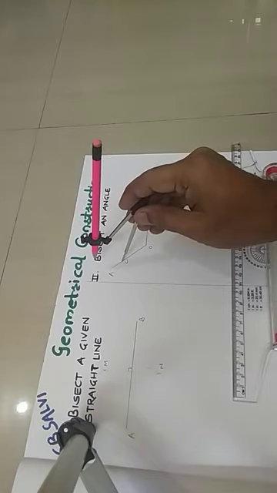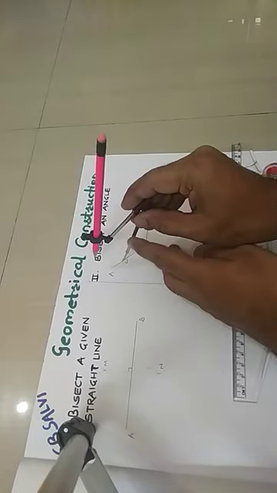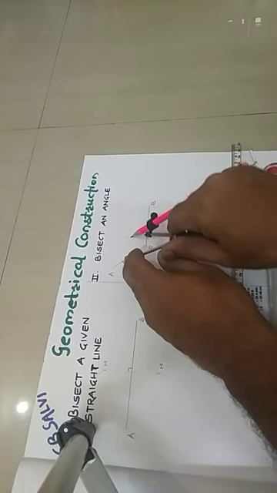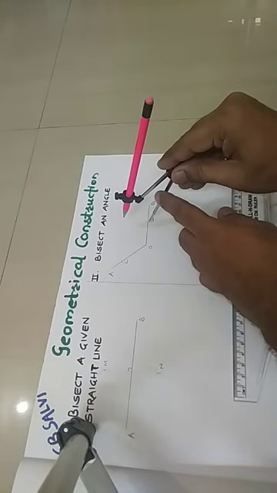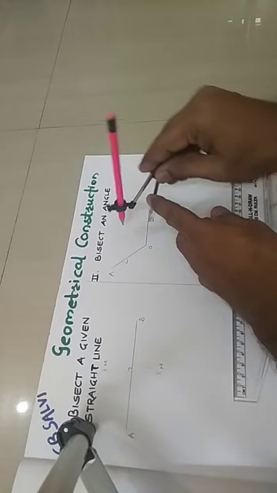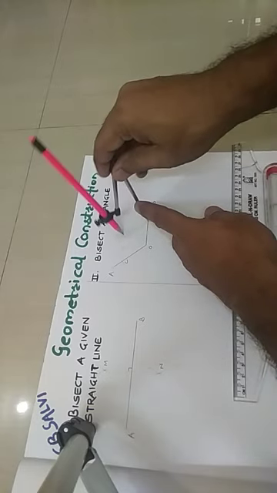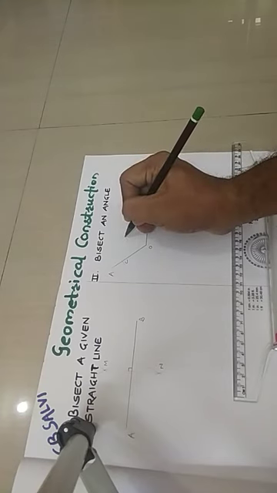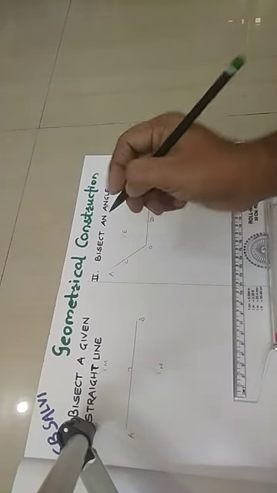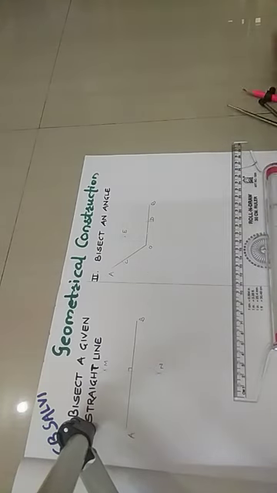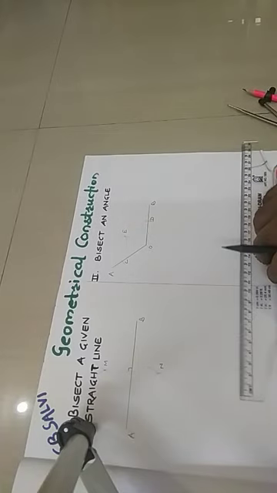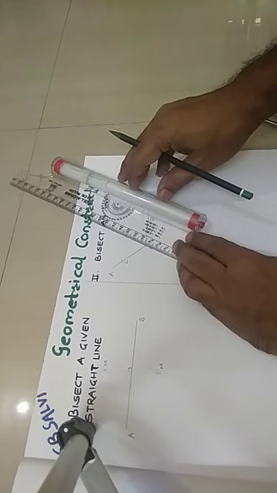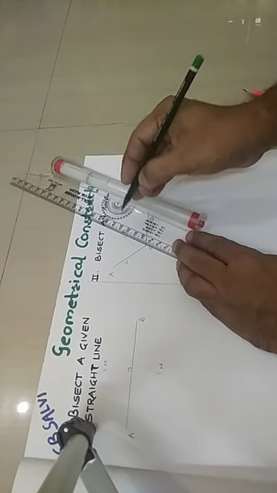So keep the compass on C, draw one faint arc over here, keep the compass on D and cut the previously drawn arc. So here you will get point E. Now if OE is joined, this will be the bisector of angle AOB.